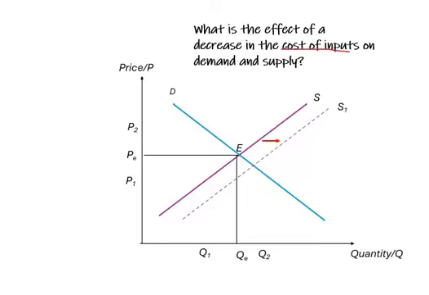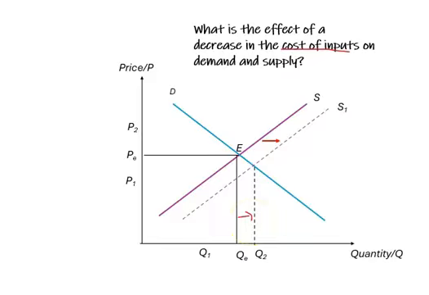And this is where you draw your line to show the quantity that will be supplied. So quantity supplied increases to Q2. And you show this by an arrow to show where the shift is.